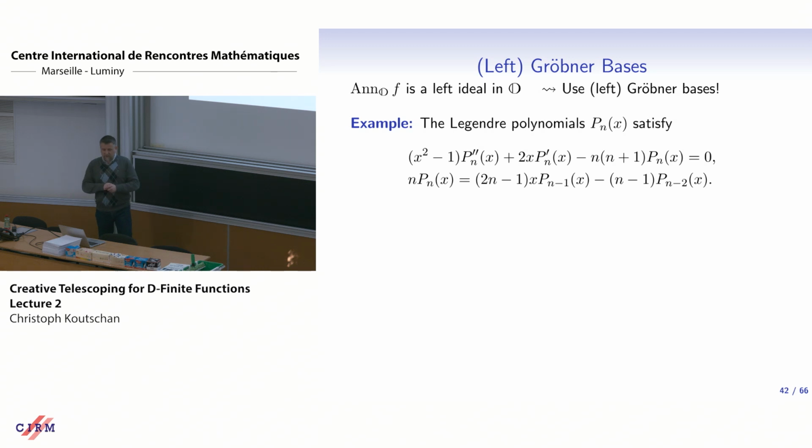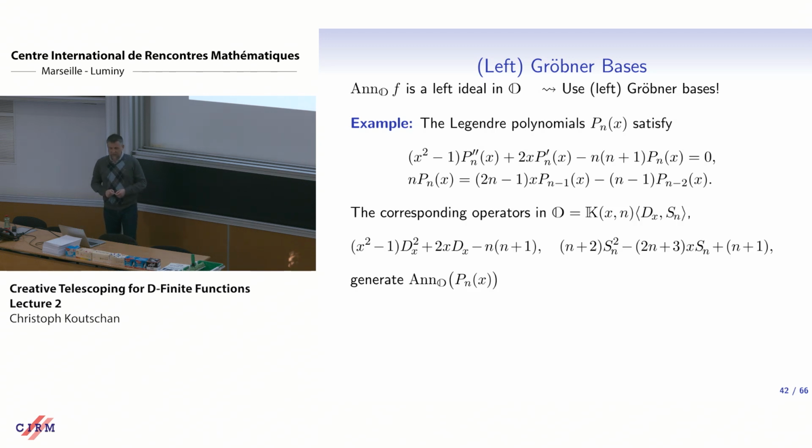So let's look at an example. We have seen the Legendre polynomials several times, and I told you that they satisfy this second order differential equation, and they satisfy this three-term recurrence. And we also have seen that we can write these two equations in operator notation like this. And so it is true that these two relations generate the annihilator of this function. However, they are not a Gröbner basis.